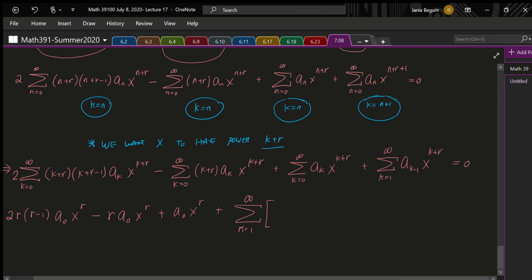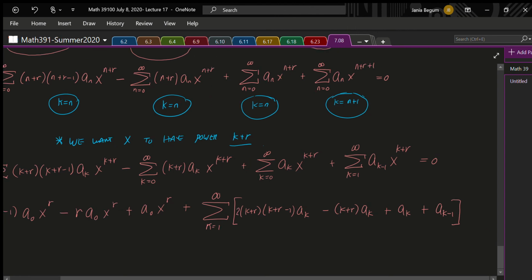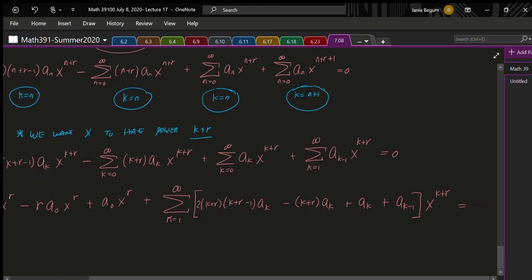So we have the first summation has 2 times k plus r minus 1, a sub k, and the next one we have minus k plus r, a sub k, plus a sub k, and the last one we have a sub k minus 1, everything. So I think I forgot my 2 again. Oops. For the first summation, I forgot the 2. And then all of this gets x to the k plus r, everything equal to 0.